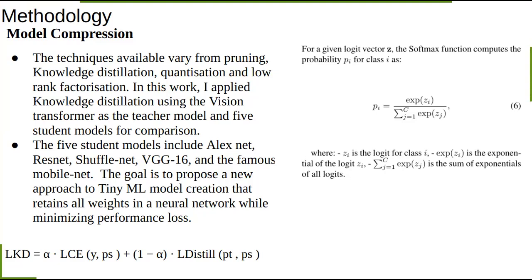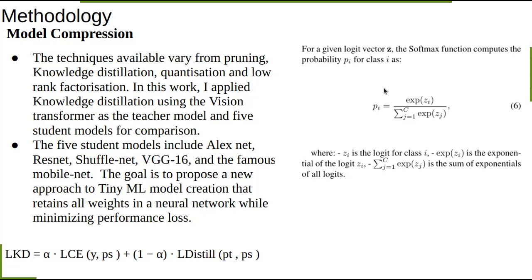Hard distillation is where we are using the true labels and the student prediction, computed in terms of zeros and ones, whereby the highest probability density becomes the one, and the others are automatically down to zero. So 1 minus alpha multiplied by the distillation loss gotten through the teacher and the student predictions.